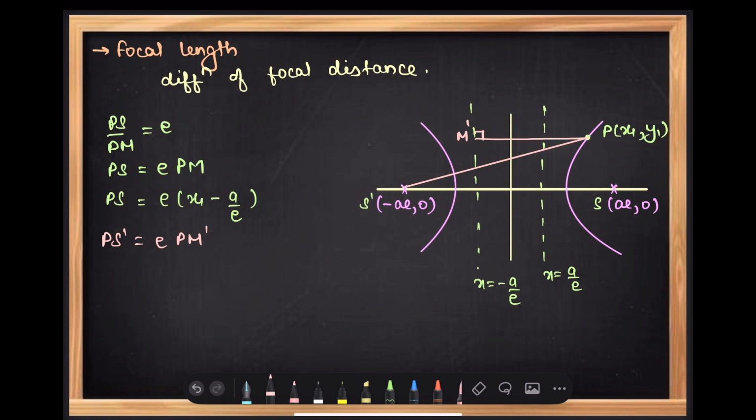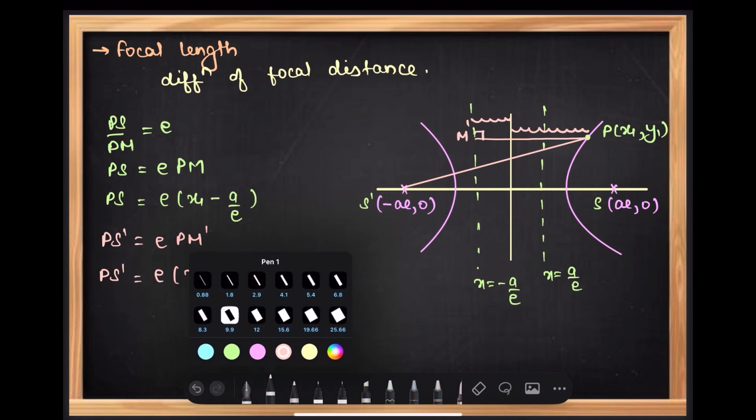This is x1, and I'm talking about distance, so it would be positive. So can I say that PS dash will be e times (x1 + a/e)? I'm talking about distance, that's why I am taking positive things. So you got PS, you got PS dash.